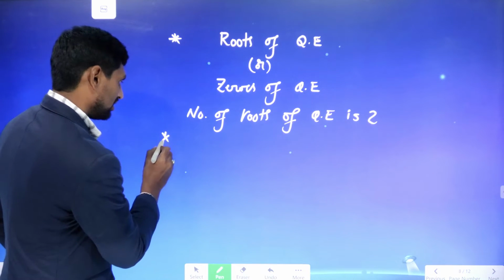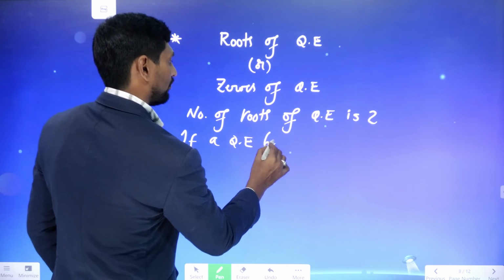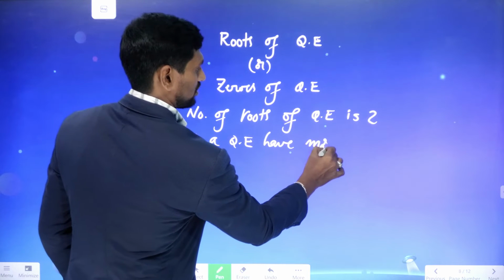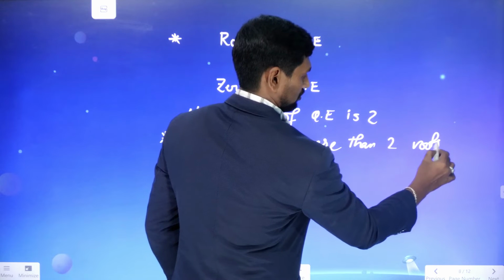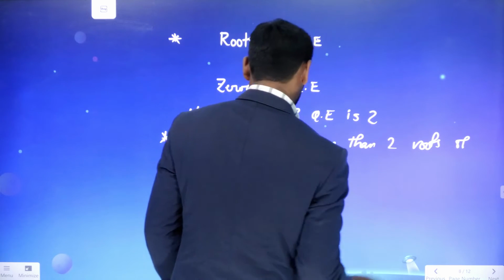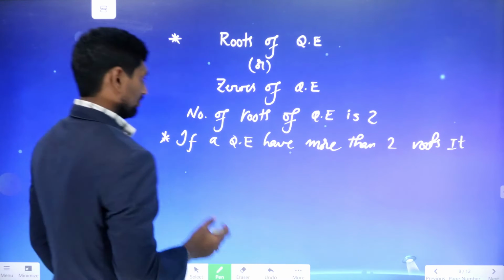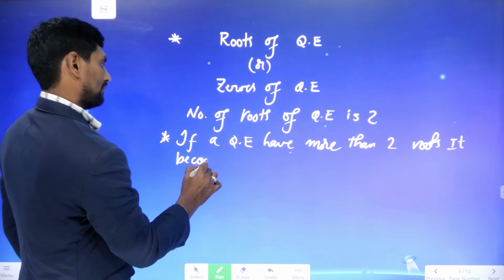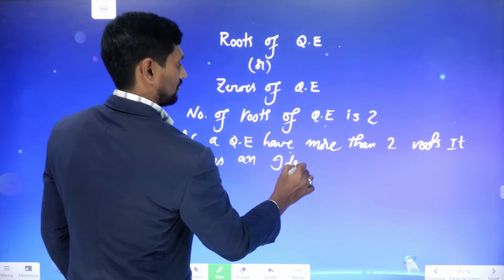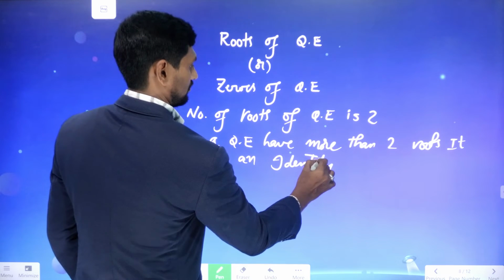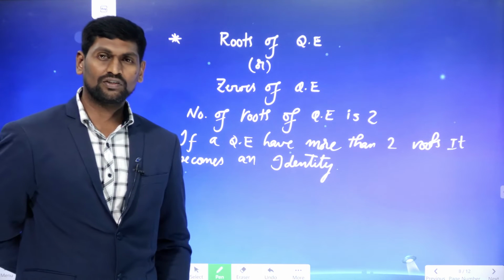That is what I am writing here: if a quadratic equation has more than 2 roots, it becomes an identity. Got it, children?